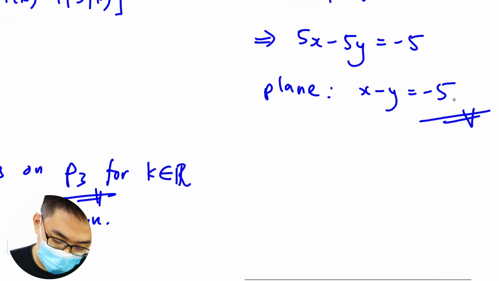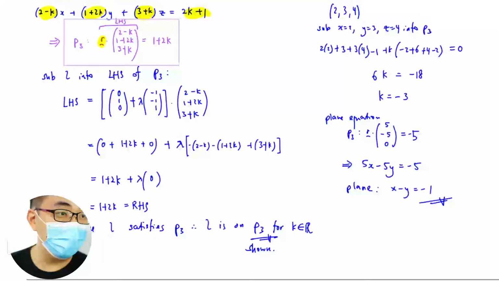Sorry, divided by 5 is 1. Just like that. This is the plane equation.